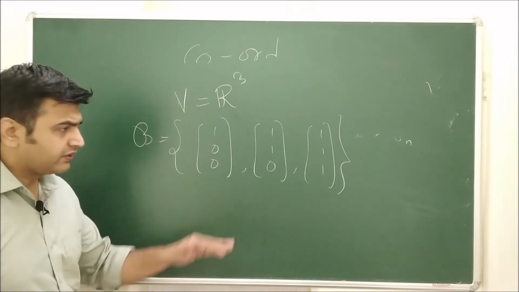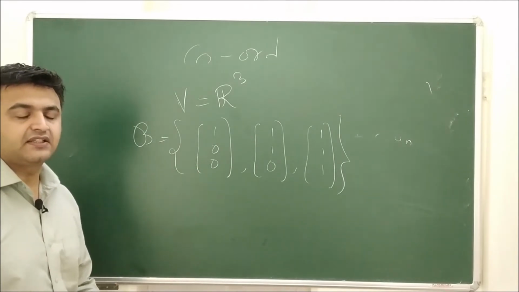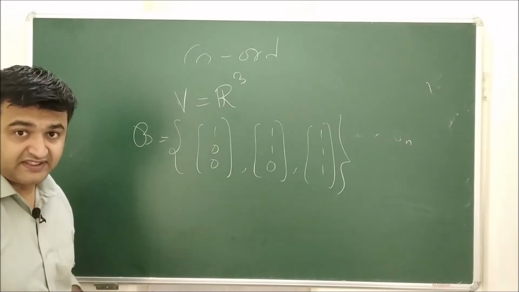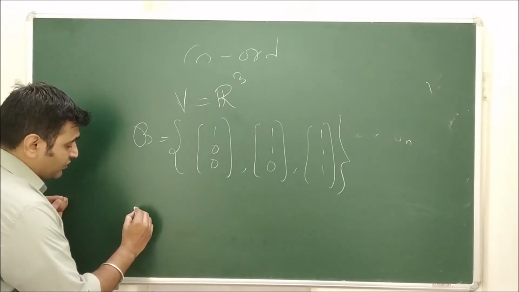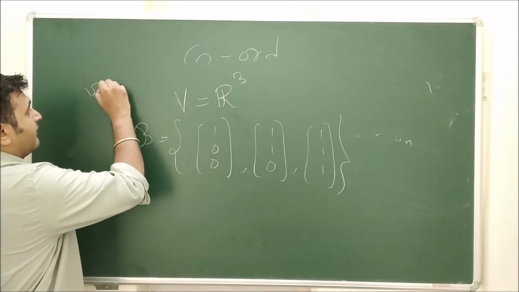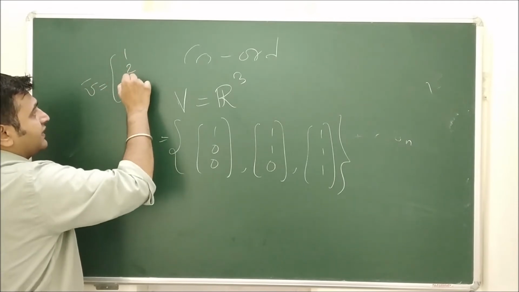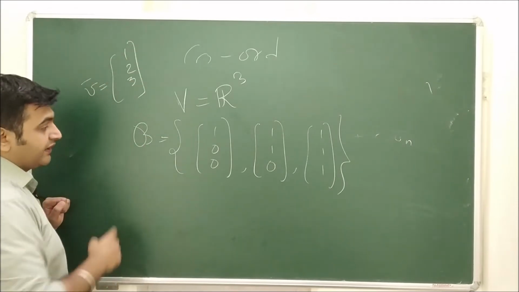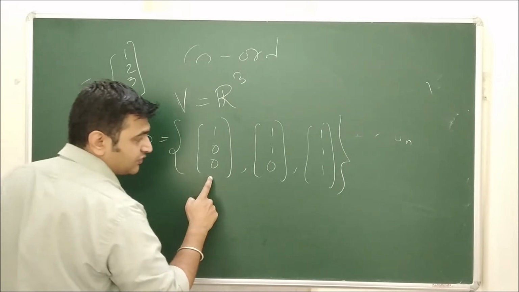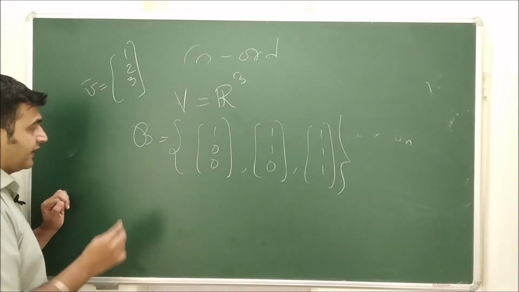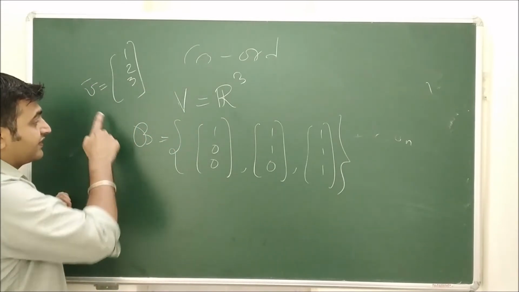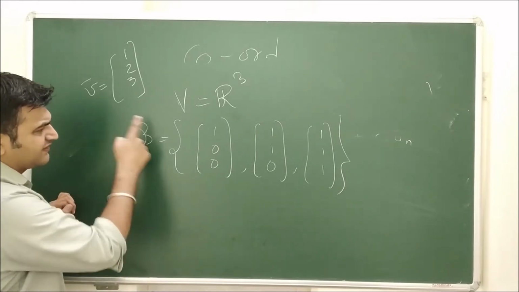If you are not sure, try to prove this, and if you get stuck, you can ask me in the comment section. Now suppose I take v as (1,2,3). Then you try to write v as a combination of these three vectors, and you get the coordinate vector of v with respect to B. This is not that difficult.